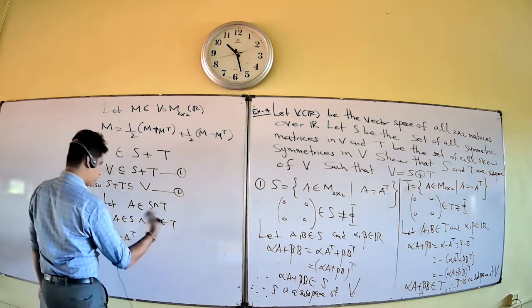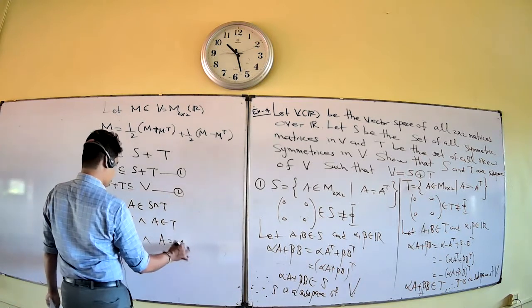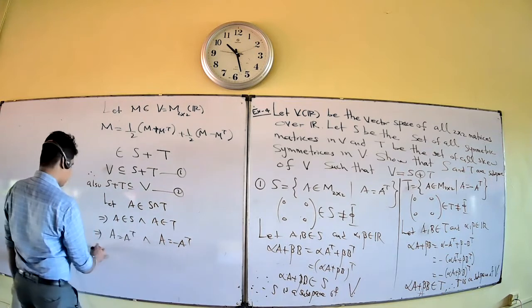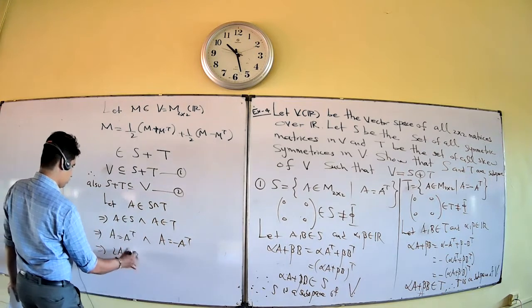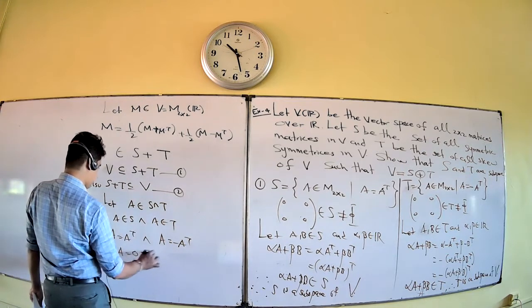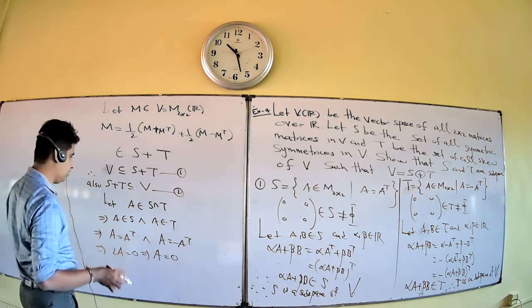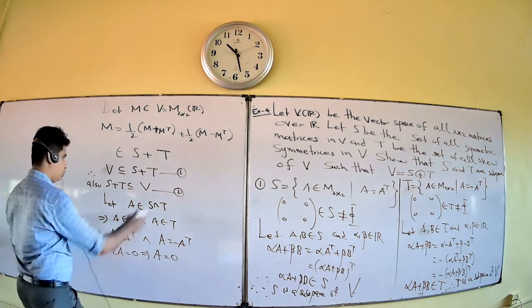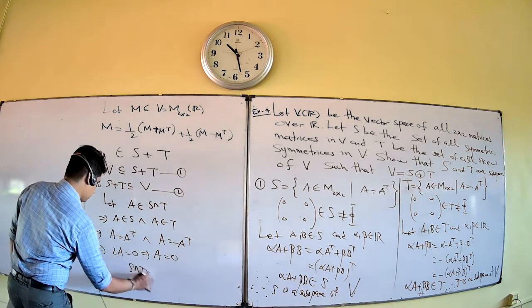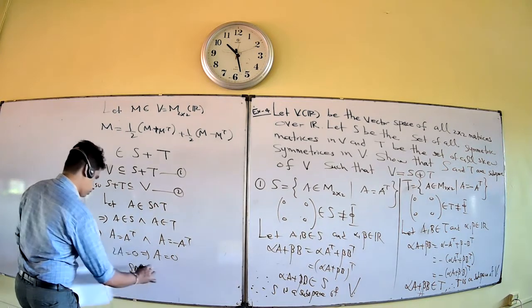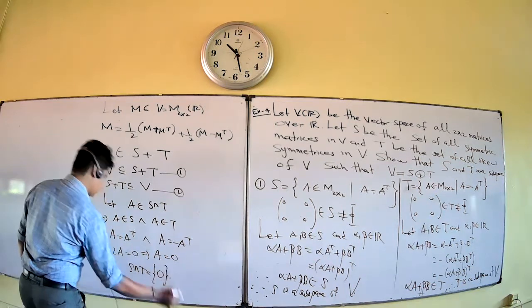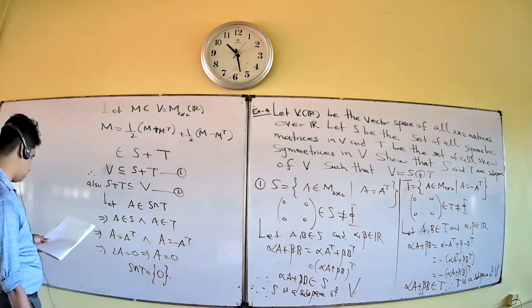And A belongs to T means A equals minus A transpose. Then you add both, then you get 2A equals the zero matrix. 2A equals 0 means A is the zero matrix. A equals 0 means all entries are 0. Then S intersection T only consists of the zero matrix.